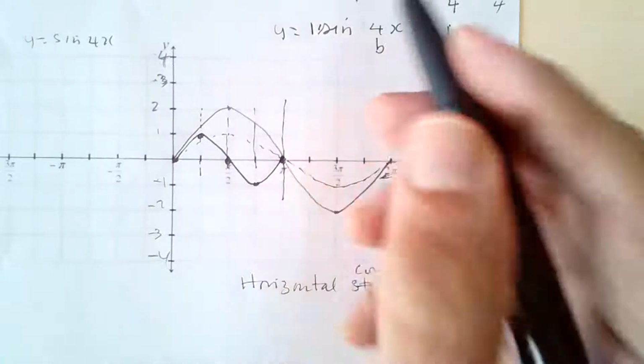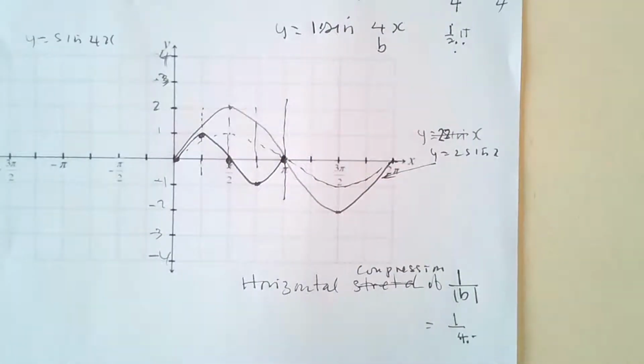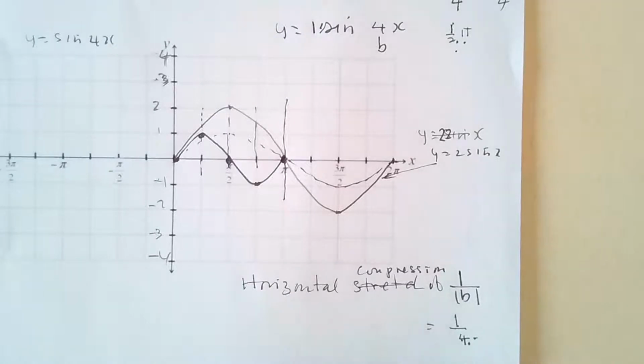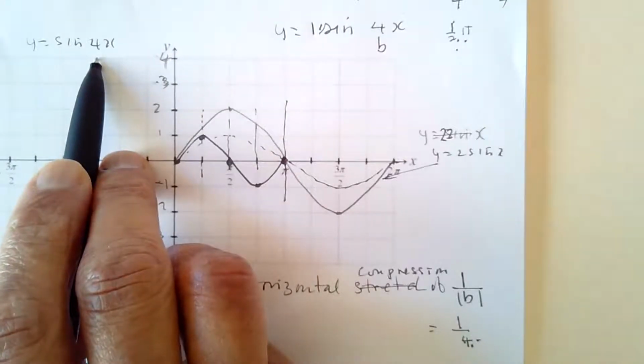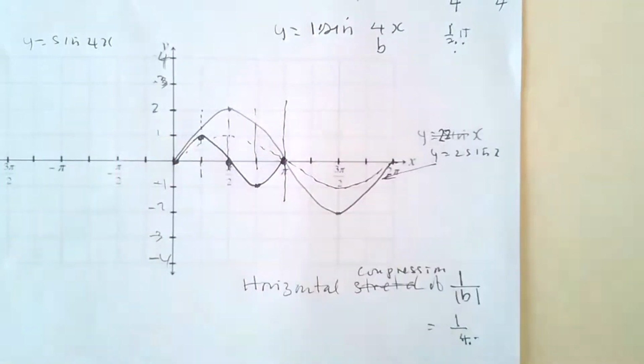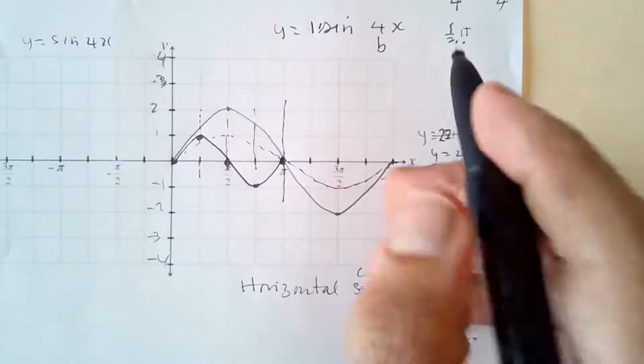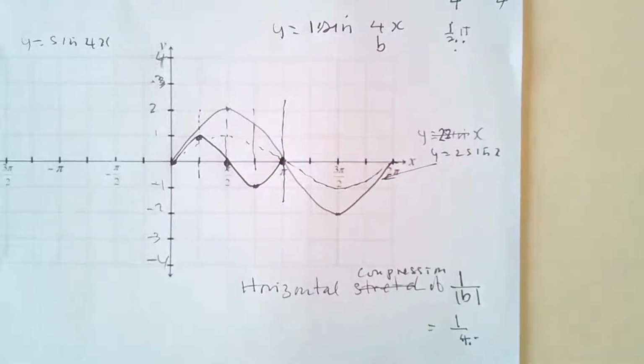Okay, the amplitude is 1. So that's your sine 4x graph, the amplitude is 1. So the period there is 2 pi.